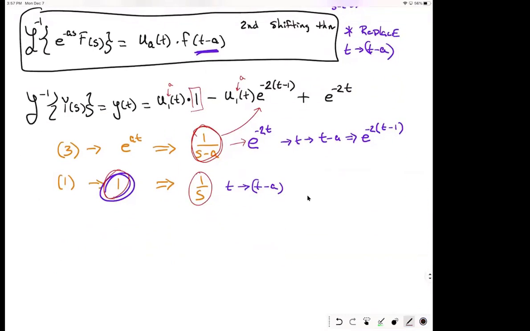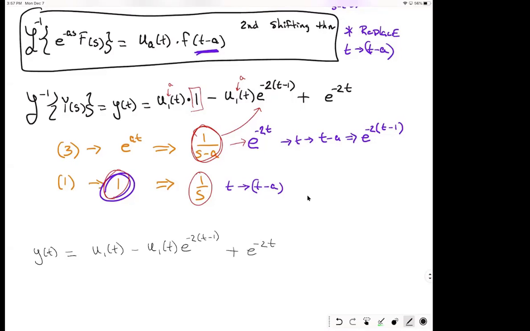So my final answer would be y of t equals u1 of t times 1, but I don't write that, minus u1 of t times e to the minus 2 times t minus 1 plus e to the minus 2t.